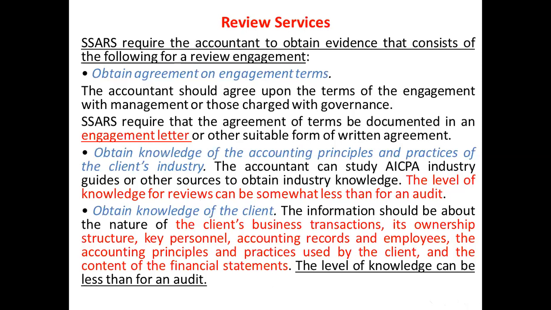Review of historical financial statements will be lower than the audit in all cases: lower in planning, lower in accumulating evidence, lower in the types of evidence to be accumulated, lower in evaluating the effectiveness of the internal control structure, lower in conducting the review, lower in assessment of risk, and lower in the level of knowledge of the industry or accounting principles used by the reviewed client.